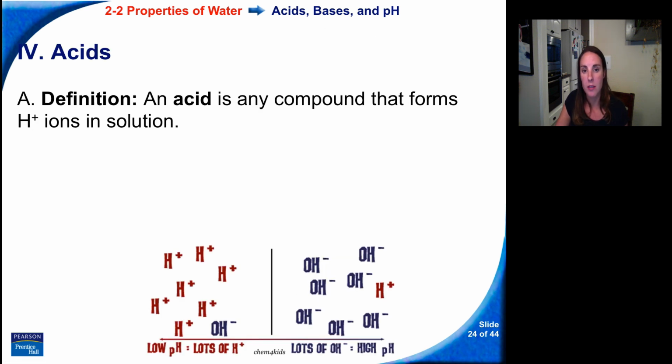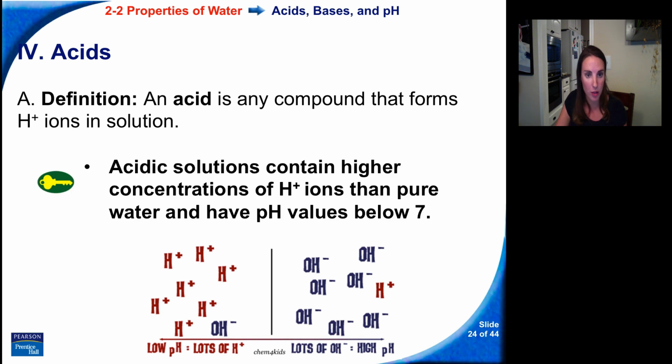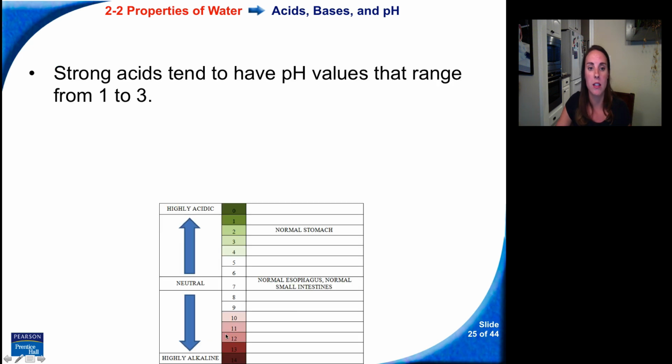An acid is any compound that forms hydrogen ions in solution. Acidic solutions contain higher concentrations of hydrogen ions than pure water and have a pH value below 7. So here's low pH equals lots of hydrogen ions. Like a 2 or a 3 is lots and lots of hydrogen ions, very few hydroxide ions.